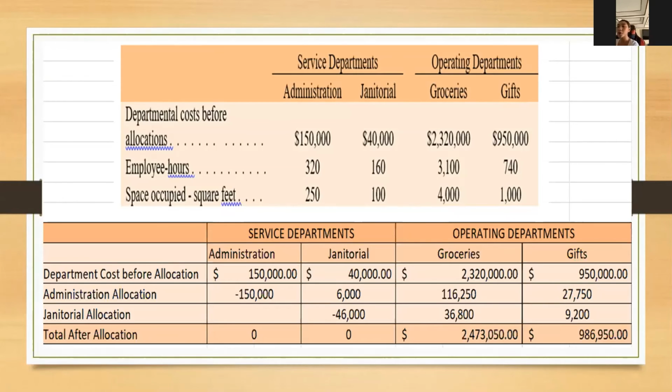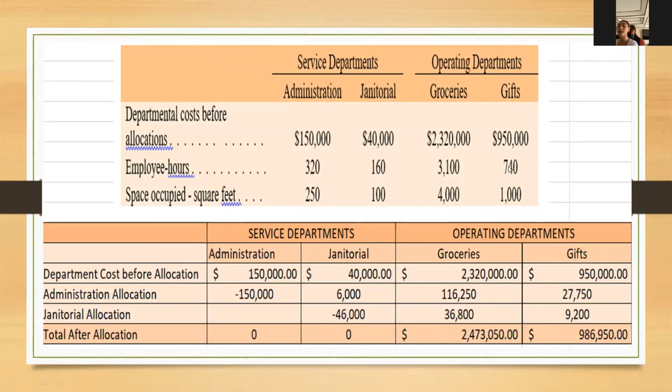So the next one po is 150,000 i-times natin sa 3,100 ng groceries, employee hours po. It equals to divided by the 4,000 total employee hours po, which equals to 116,250. So in gifts po, 150,000 i-allocate natin, ita-times natin sa gifts, which is 740 employee hours.